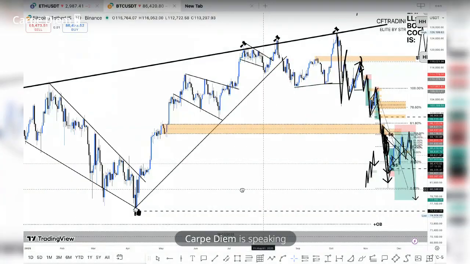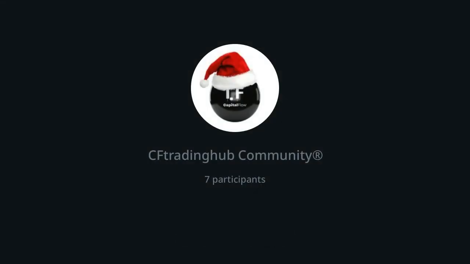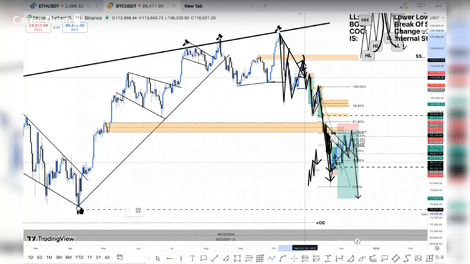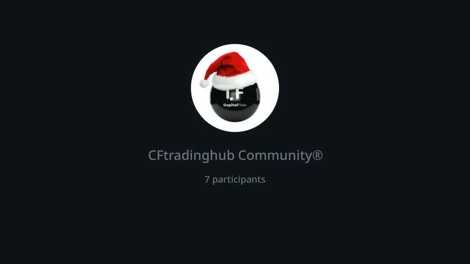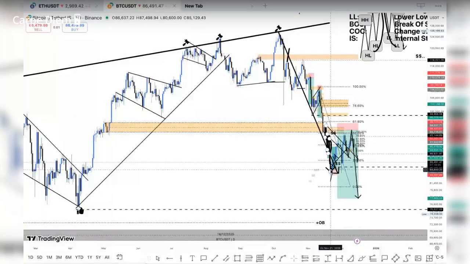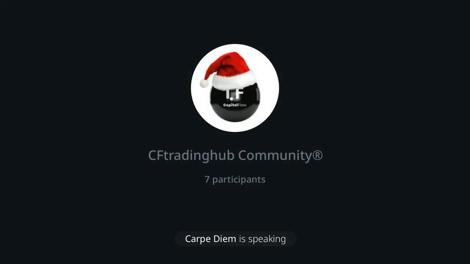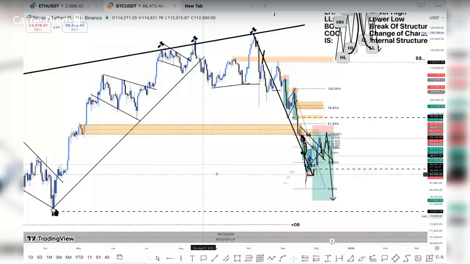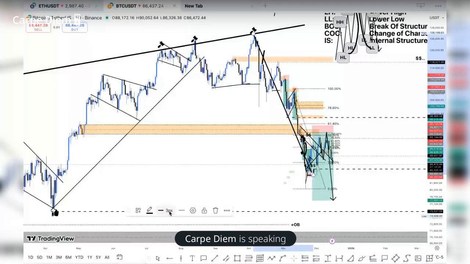This is just one leg. Let me delete everything I have over here. So see this, on a 1 day time frame, this is just one leg.